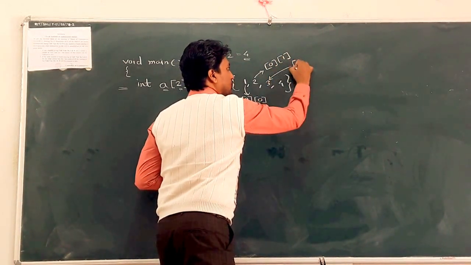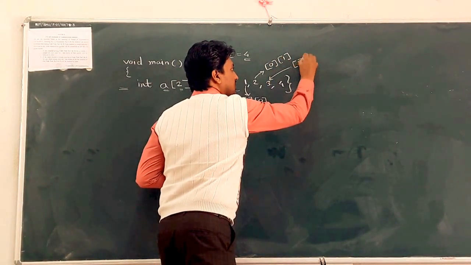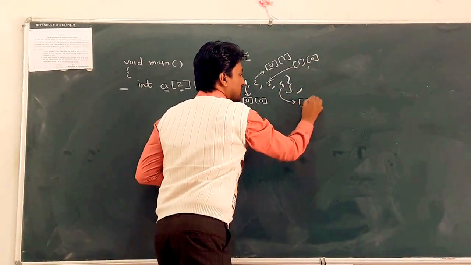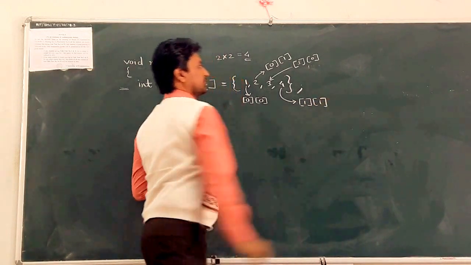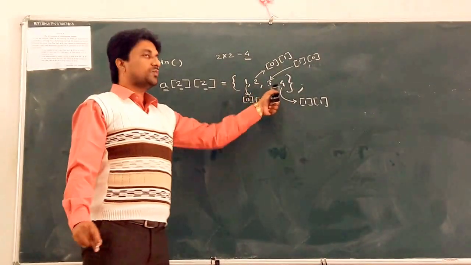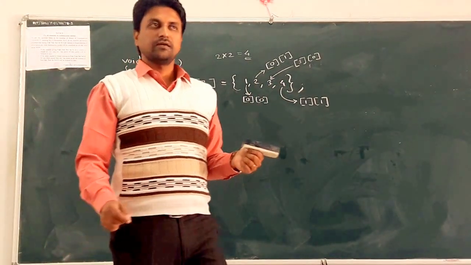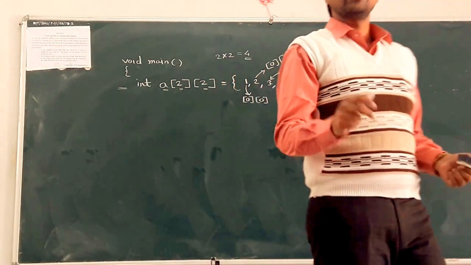Third element is stored at location 1, 0. Fourth element is stored at location 1, 1. Clear? If you specify more elements in that curly bracket, we can specify, but it is not in use.